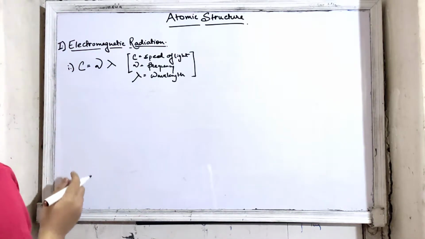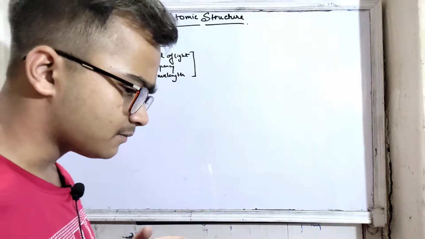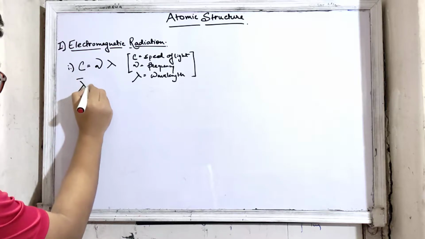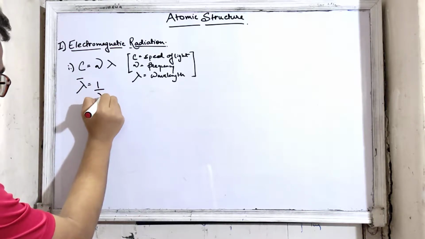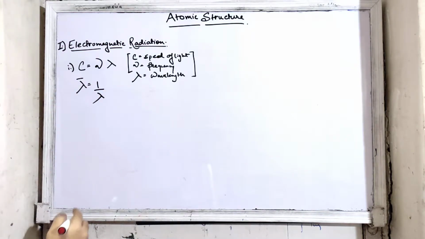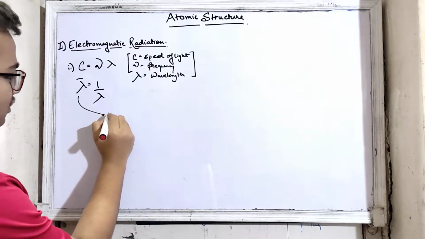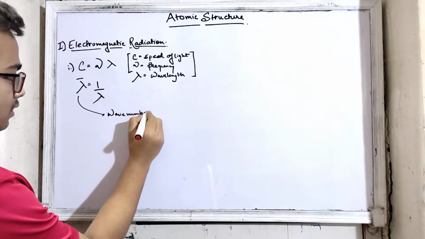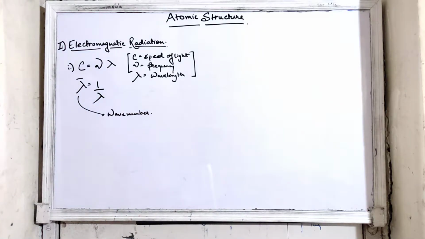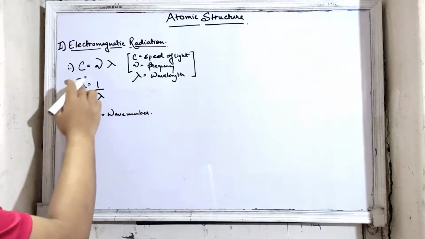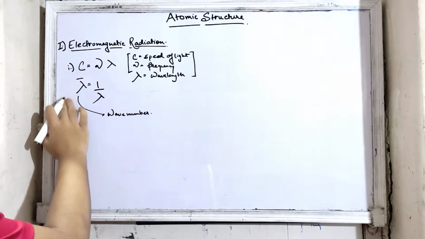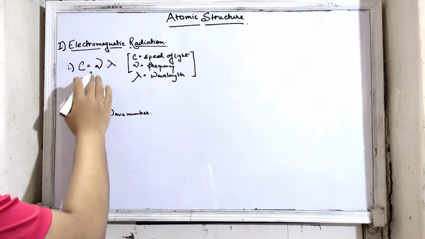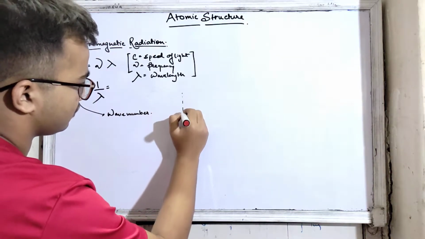Now under this category a second type of formula comes, which says that lambda bar equal to 1 by lambda. Lambda bar is called wave number. By substituting, see, C equal to nu lambda, I am just doing it for your understanding.